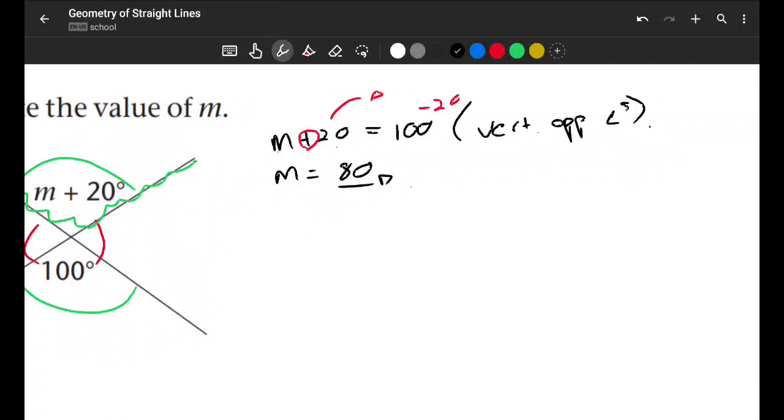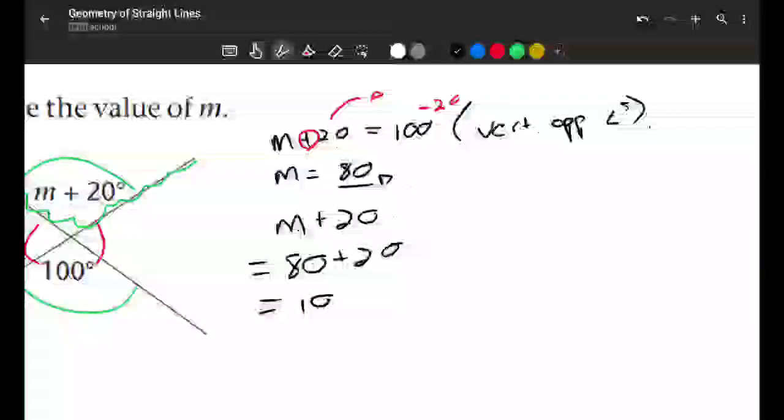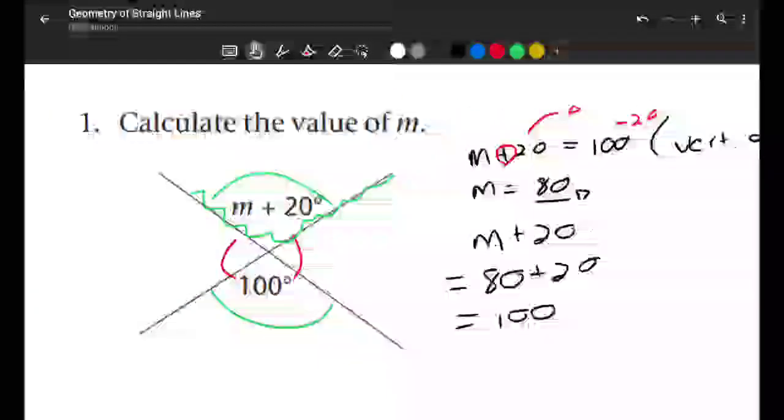In the place of M, you put what we found. So M plus 20, you just put 80 there, so it's going to be 80 plus 20, and your answer is 100, same as this side.